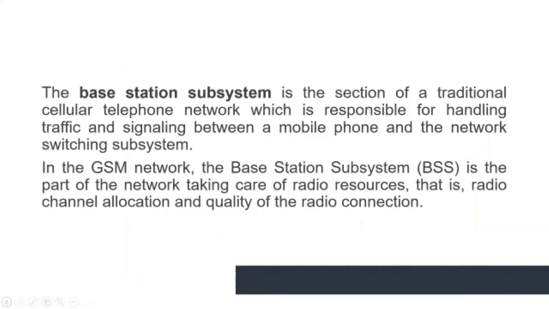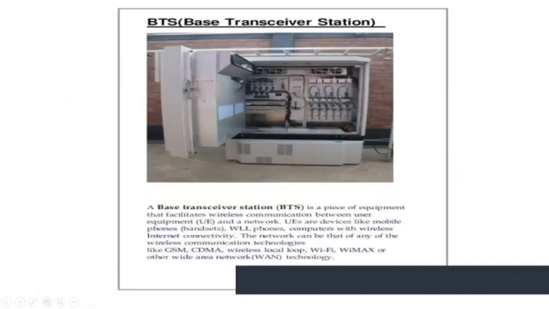In a GSM network, the BSS is the part of the network taking care of radio resources, that is, radio channel allocation and quality of radio connection. This is the way the radio channel allocation is being done.